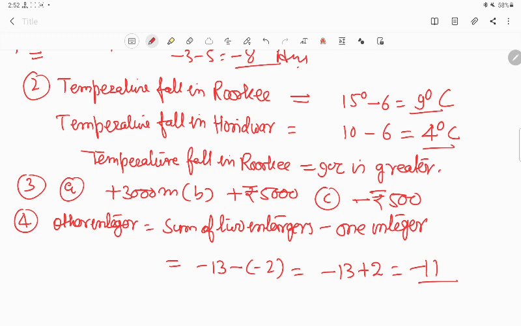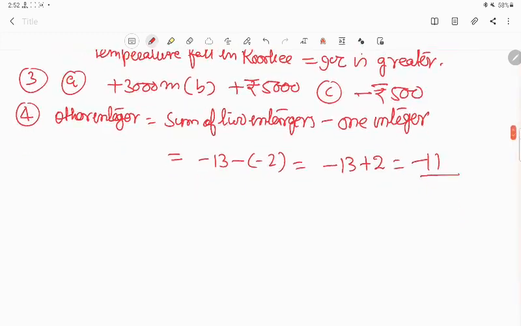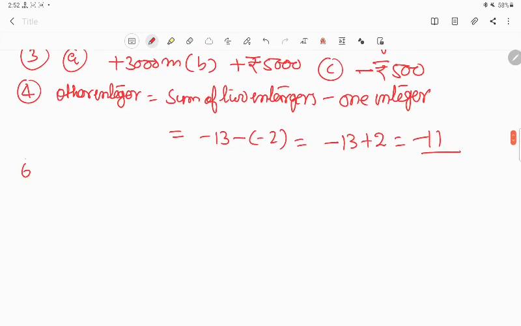Now see, the next question. Sudha goes 30 km toward the east from the point P. See, this is the fixed point P. Suppose this is north, south, east and west.